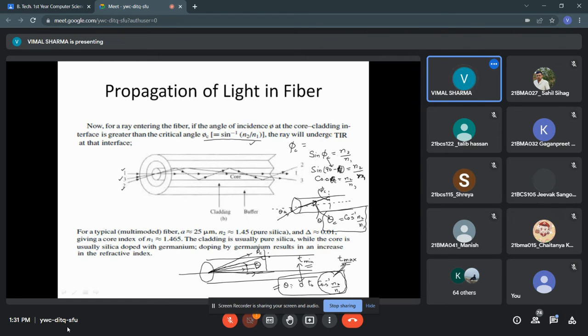This ray will cover the shortest path, and in between they will cover the distances in between. And these rays are not accepted. Anything which makes an angle greater than cos inverse n2 over n1 with the axis is not accepted by the optical fiber.